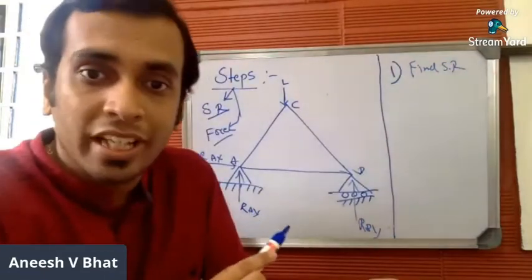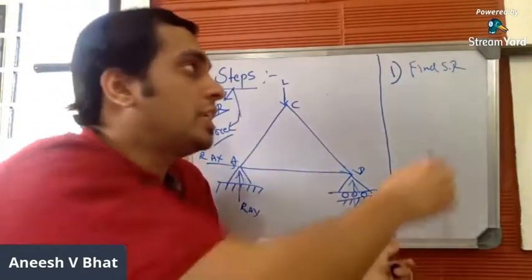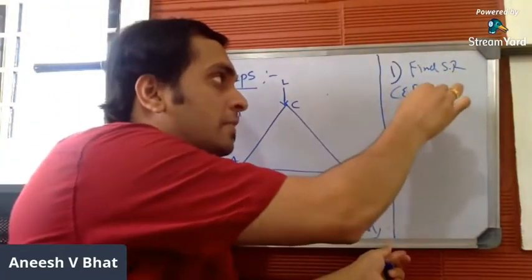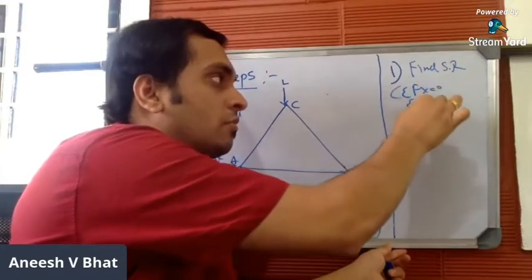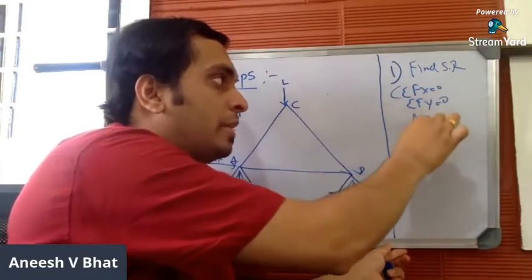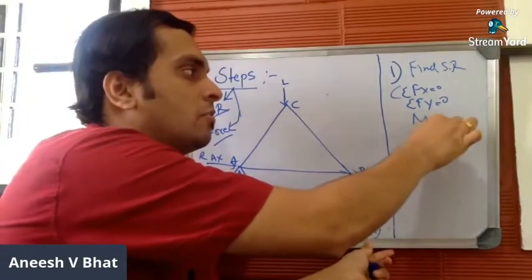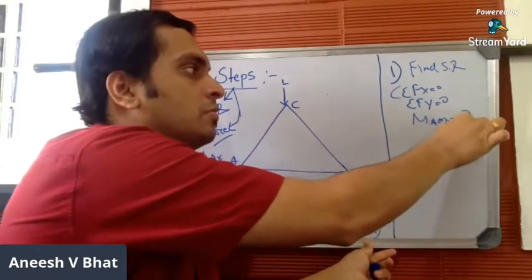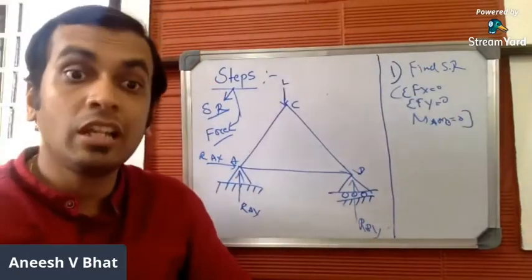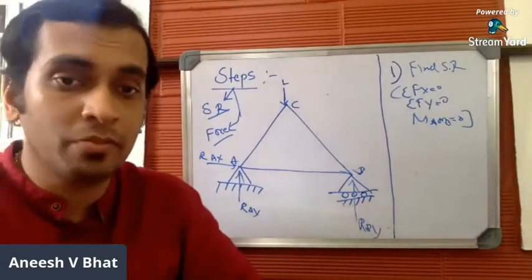To find the support reaction, apply the three conditions of equilibrium: summation of Fx equal to 0, summation of Fy equal to 0, and the moment either about A or B equal to 0. Finding support reaction is step number one.